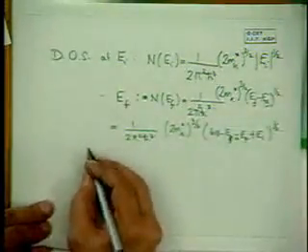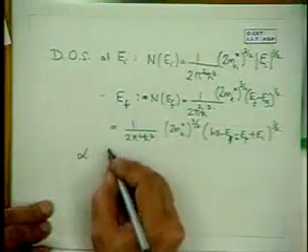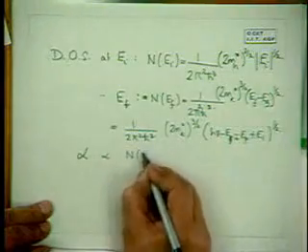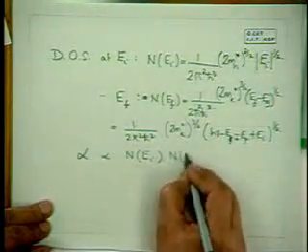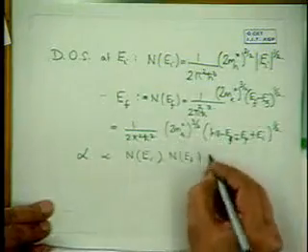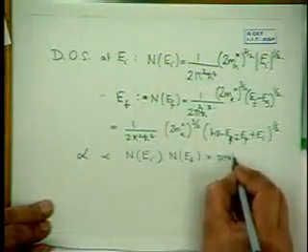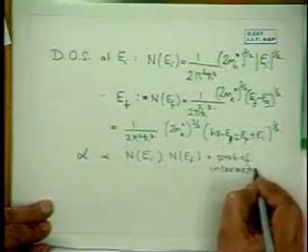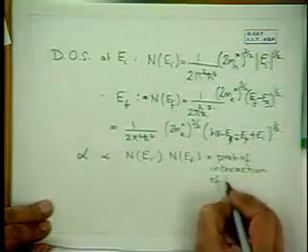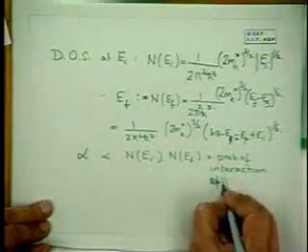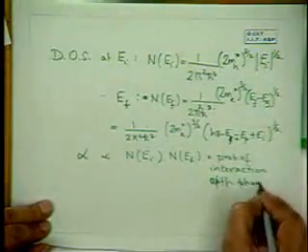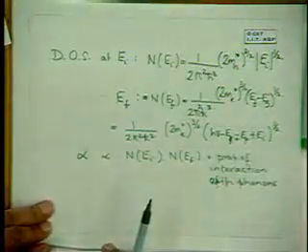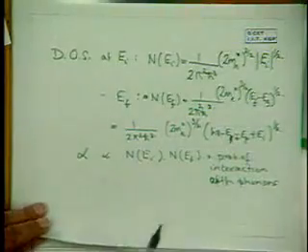So the absorption coefficient we know is proportional to N(EI) into N(EF) and into the probability of interaction with the phonons. This is where indirect gap semiconductors differ from direct gap semiconductors in that phonon absorption or emission is involved.